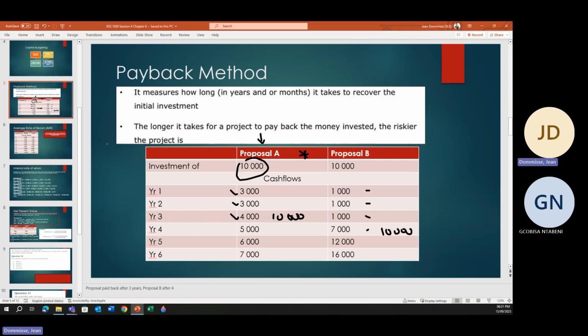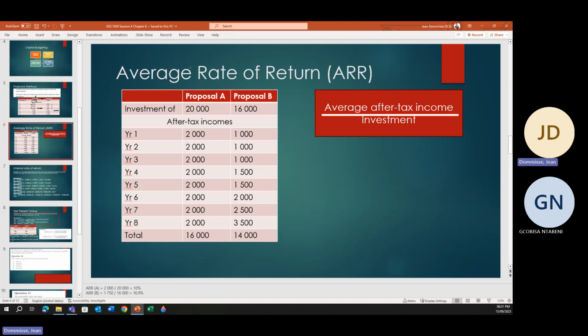Then the next one is what we call the average rate of return. So what is important with the average rate of return is that we need to work out what is the average payments over the periods.